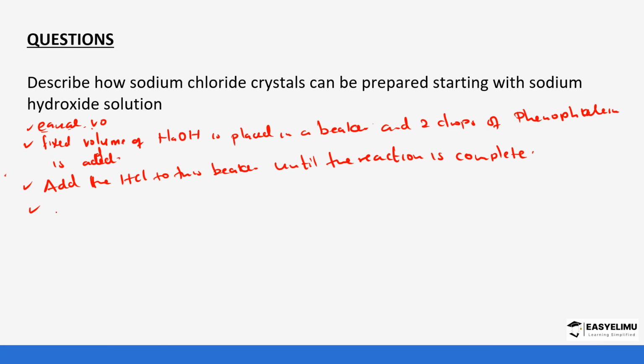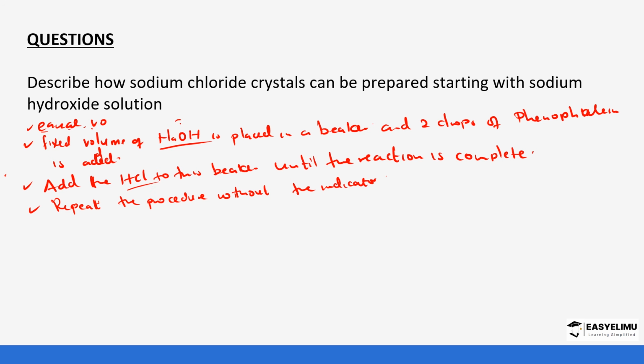So we are going to repeat the procedure without the indicator. So you now know the specific volume required for sodium hydroxide to react with hydrochloric acid.